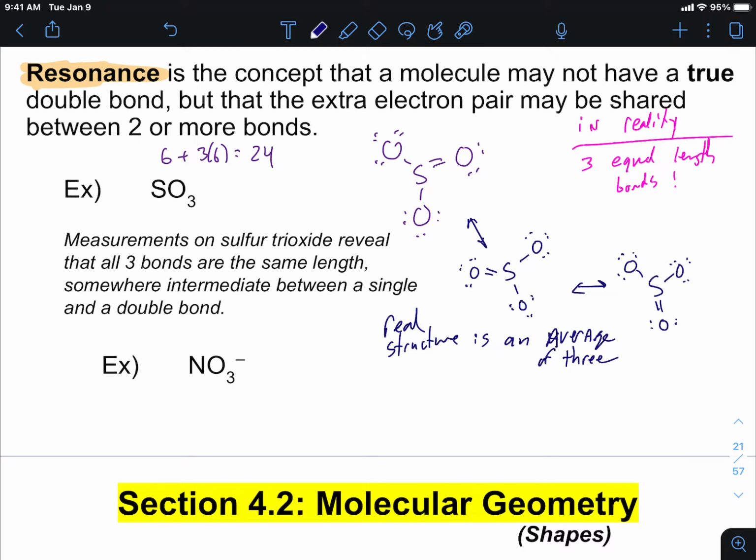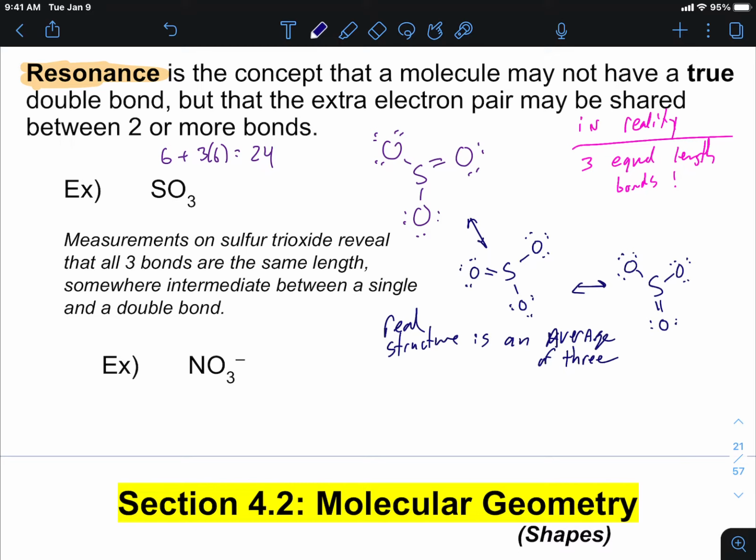All three are drawn because realistically you have an average of those 3. It's kind of a weird phenomenon, and the reason why we have to do this is because there are other bonding theories that explain this concept of resonance better, but we're not going to teach you another entire bond theory because you need much, much more time.